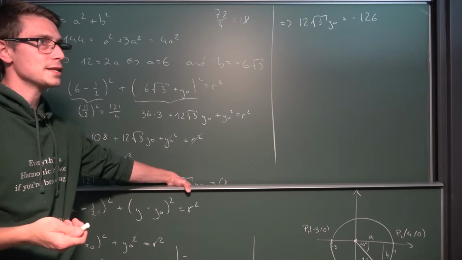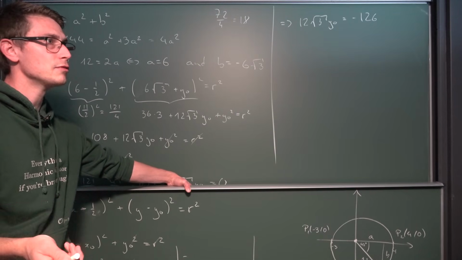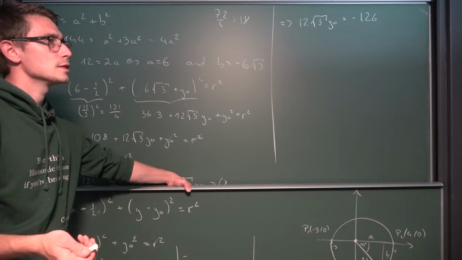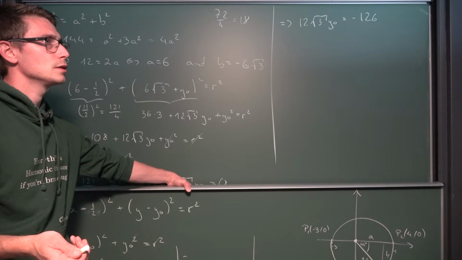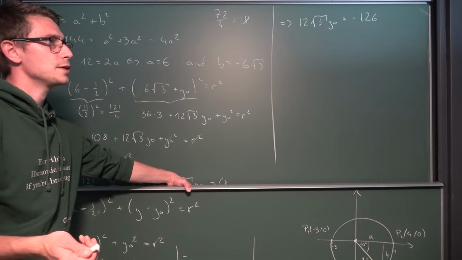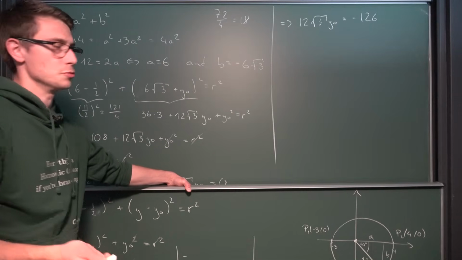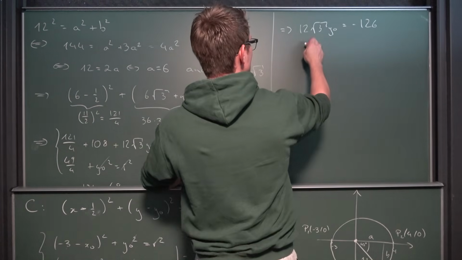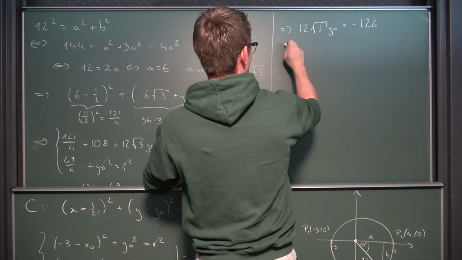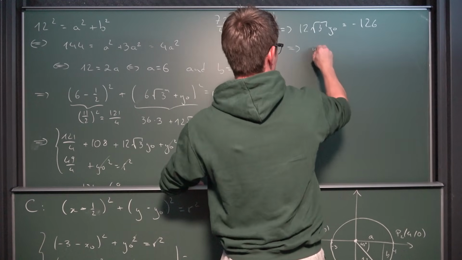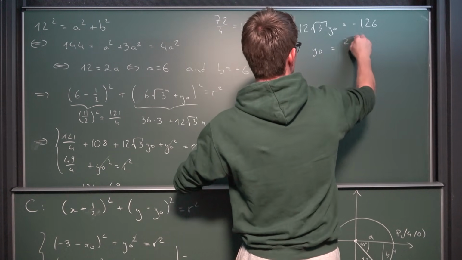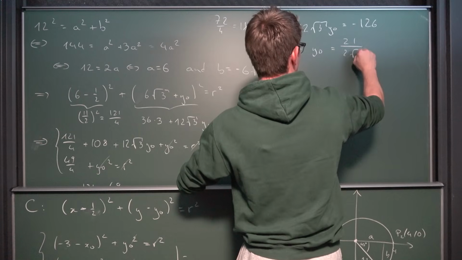We get a remainder of 6, which equals 1/2 then. So 21 over 2. 21 over 2 square root of 3, but with a negative sign. So y naught is equal to negative 21 over 2 square root of 3.